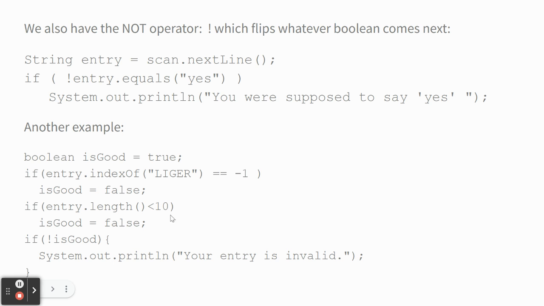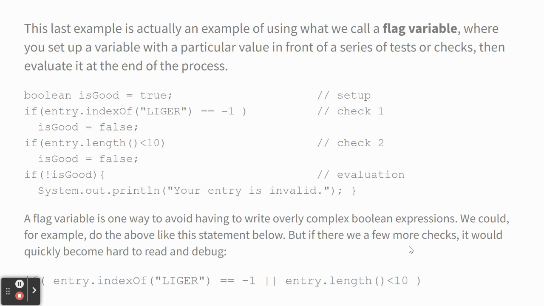Apparently I needed it to say Liger in it, and I needed it to be at least 10 characters for it to be valid. You could do this all in one giant if statement, but I think I was trying to use the not symbol here. You can look at it longer if you want.